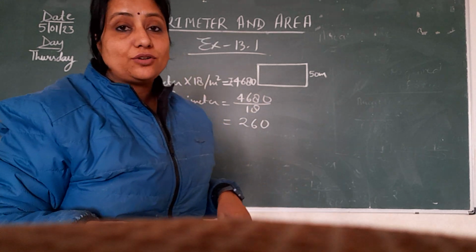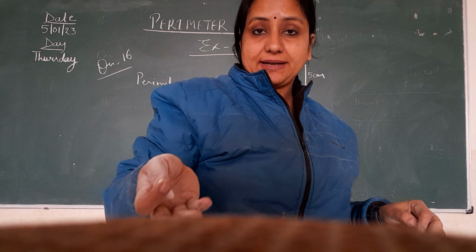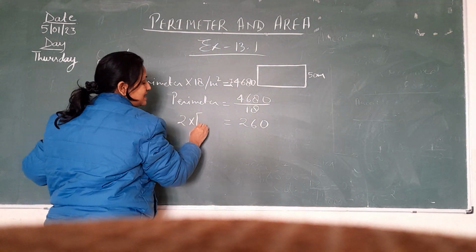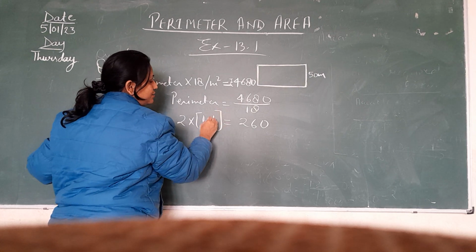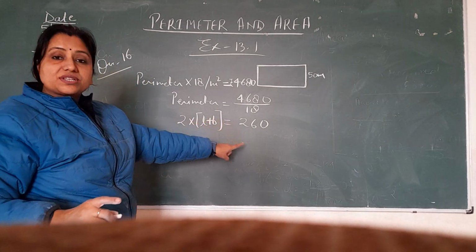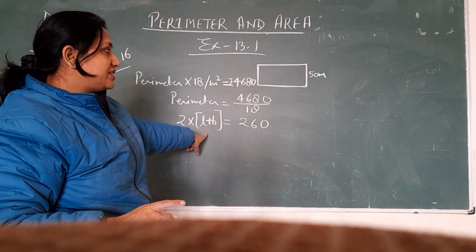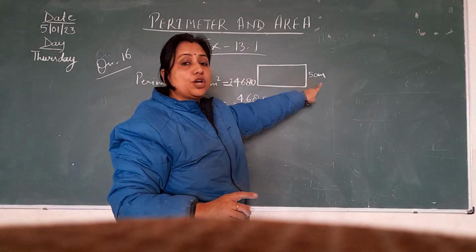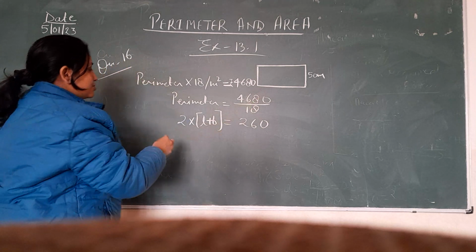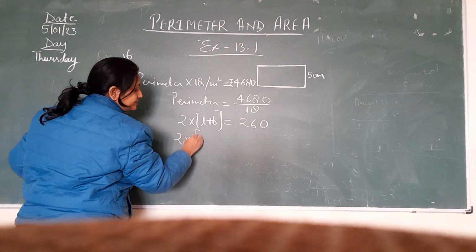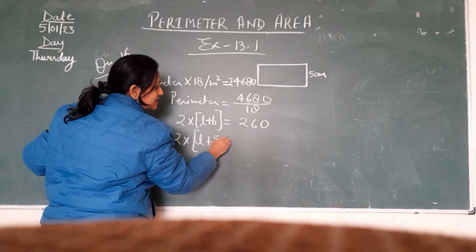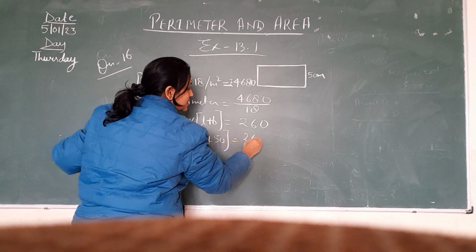We know the formula for the perimeter of a rectangle is 2 into L plus B. So 2 into L plus B is equal to 260. Now I am going to put in the values. Breadth is 50 meter, so 2 into L plus 50 is equal to 260.